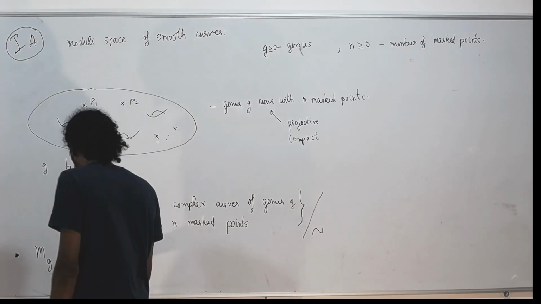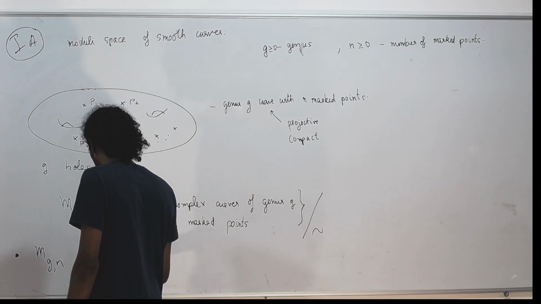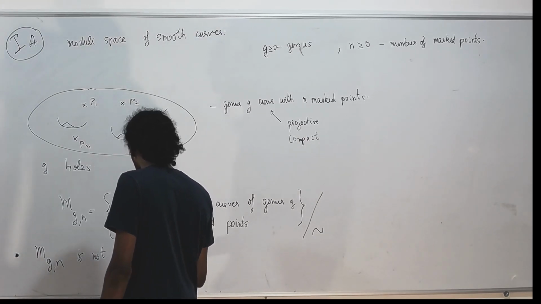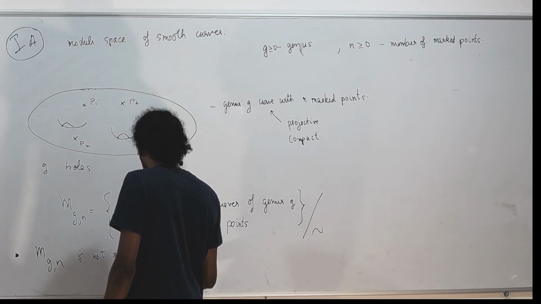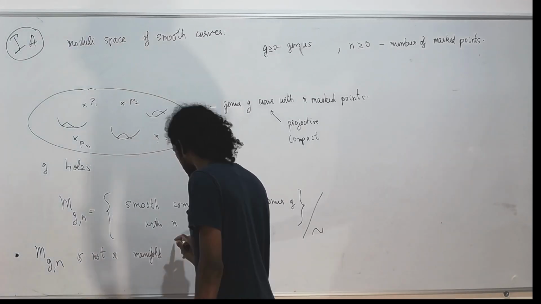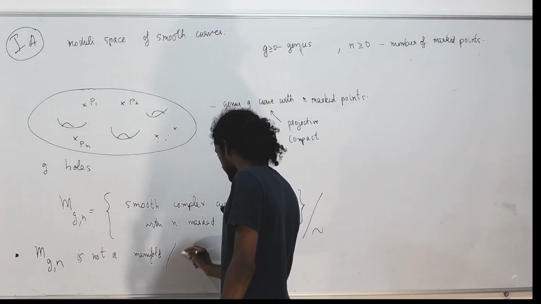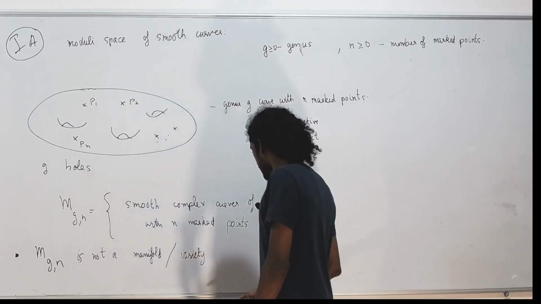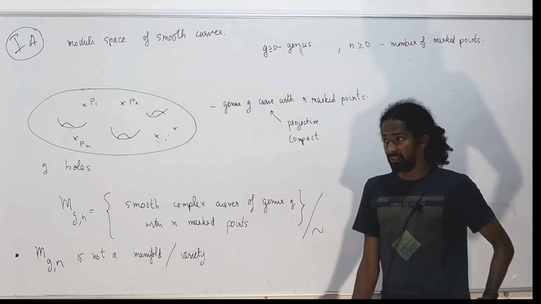M_{g,n} is not a manifold or algebraic variety. And the reason is that curves have automorphisms.